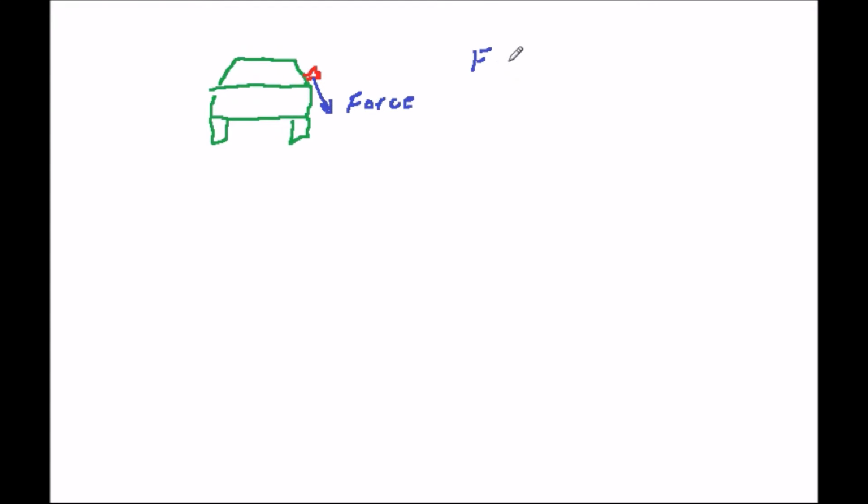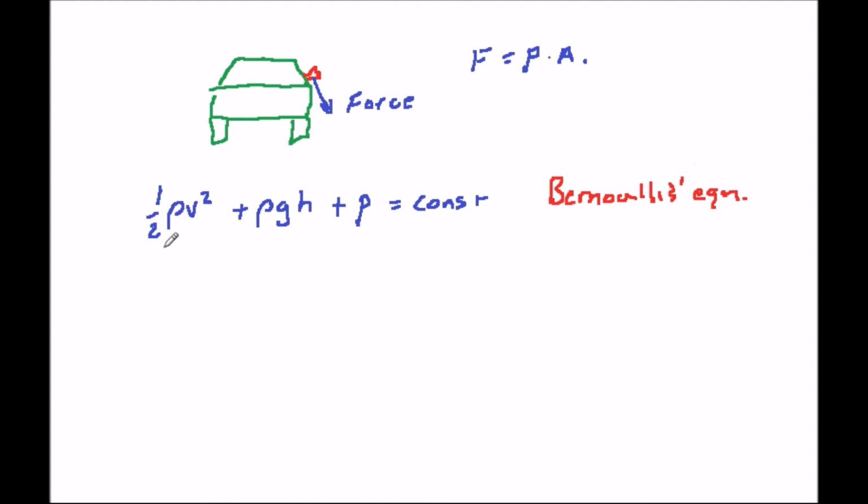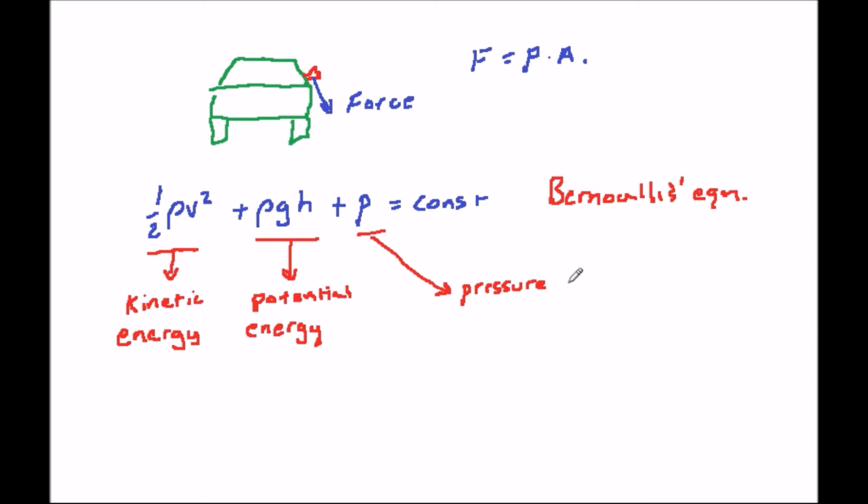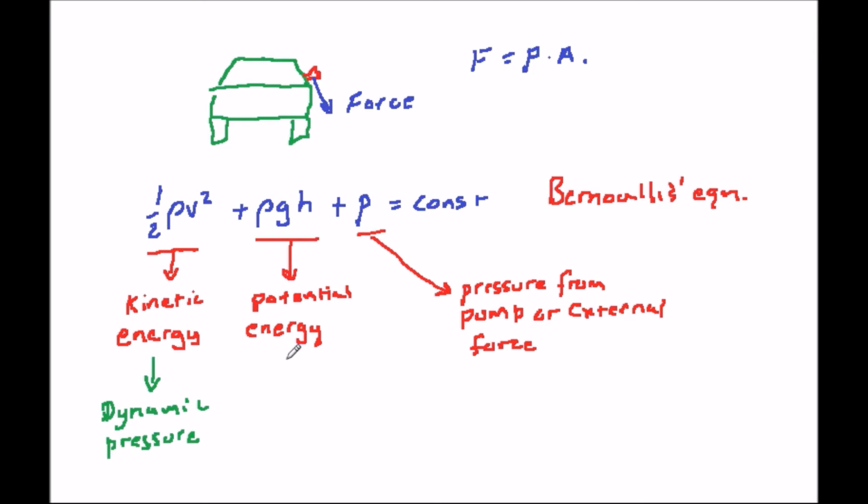Remember that pressure and force are closely related in that pressure is equal to force over area, or force is equal to pressure times area. We can similarly write down equations for the energy densities for all the different types of pressure which are present in a flow. And for an incompressible flow, this leads to a famous equation called the Bernoulli equation.